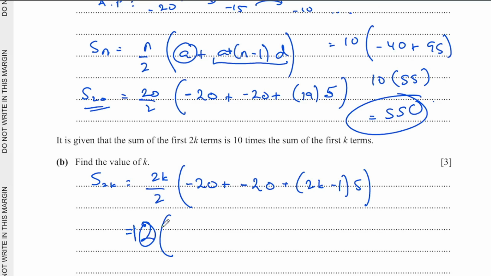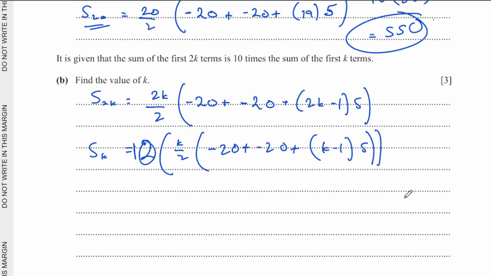The sum of the first 2k terms is 10 times the sum of the first k terms. So 10 times k over 2, open bracket, negative 20 plus negative 20 plus k minus 1 times 5. Yeah? And we just need to solve for k.